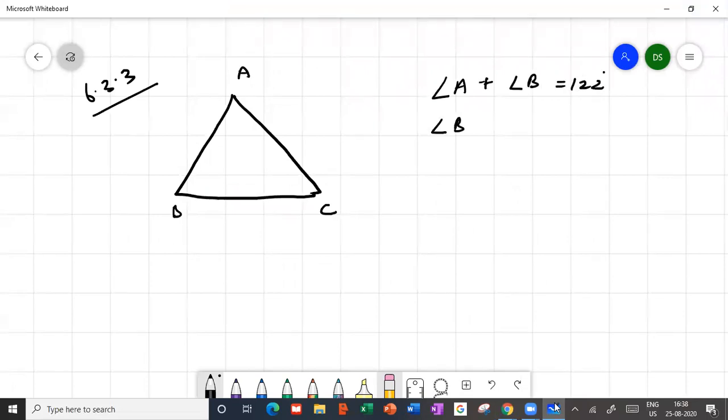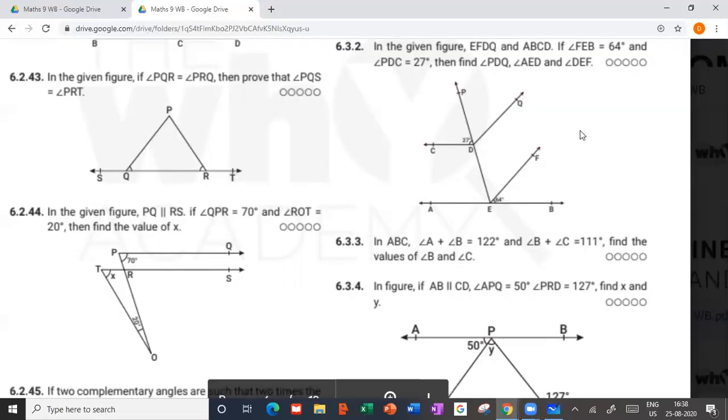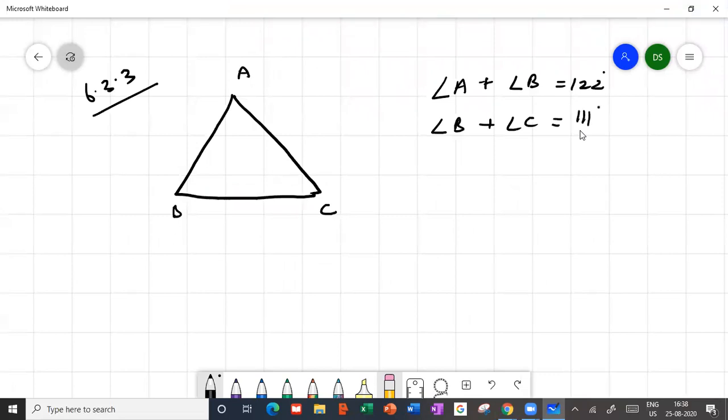Angle A plus angle B is 122. Angle B plus angle C is 111. So just substitute the value of B from 2 in 1. Miss, in the first equation, angle A plus angle B is 122, so from there only we can directly say that C is equal to 58.